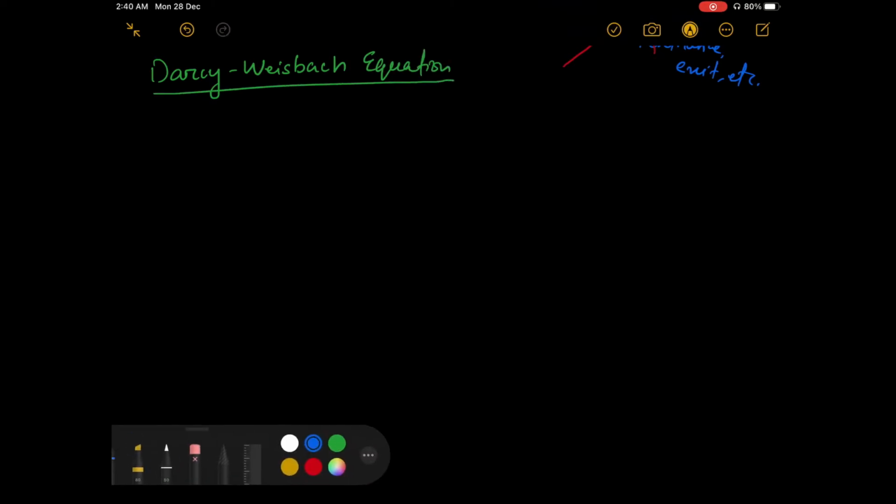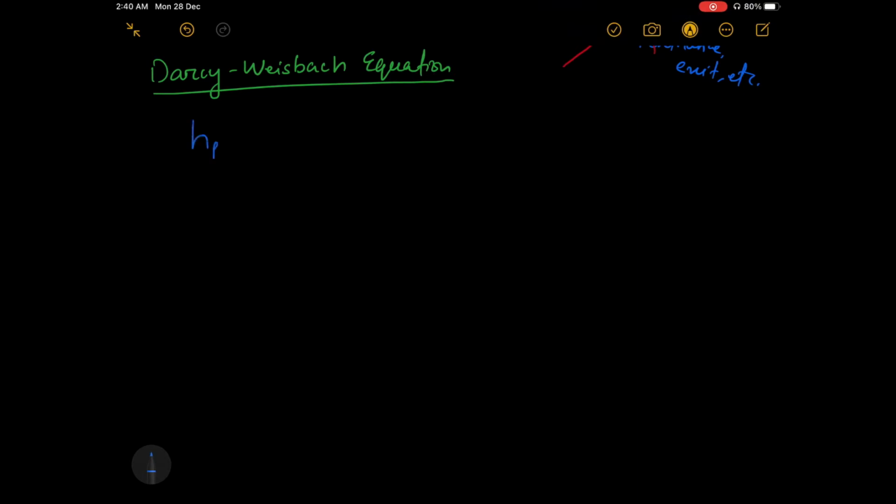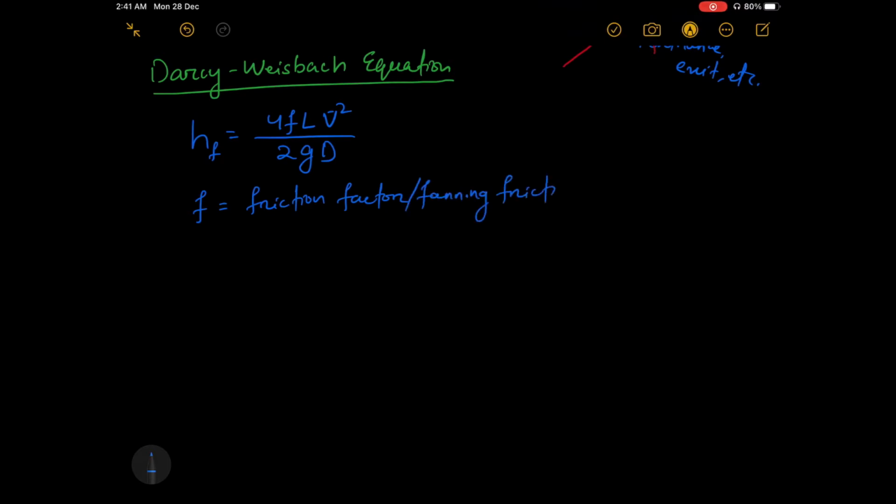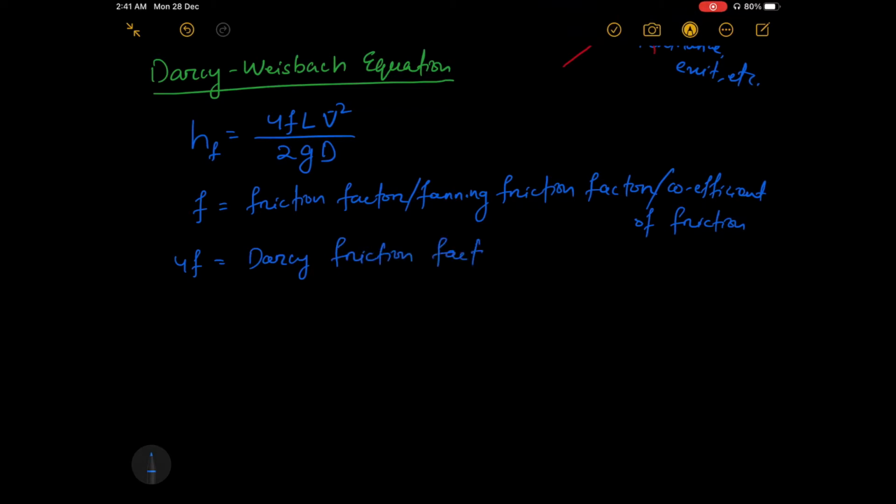It is given as hf = 4fLv̄²/2gD. So here hf is the head loss due to friction between 2 points. f is the friction factor, or we can say Fanning friction factor, also known as coefficient of friction. 4f is known as the Darcy friction factor.